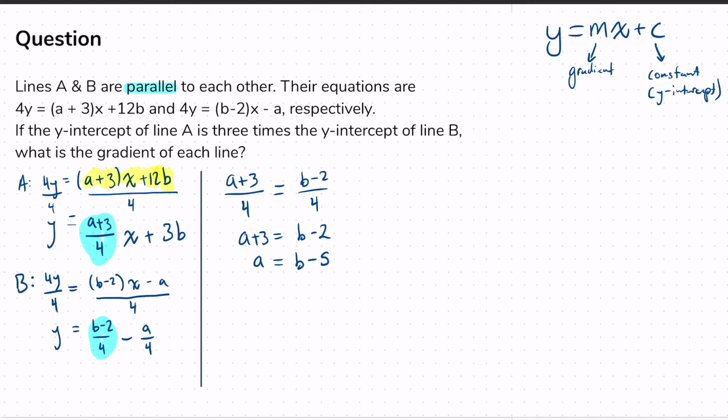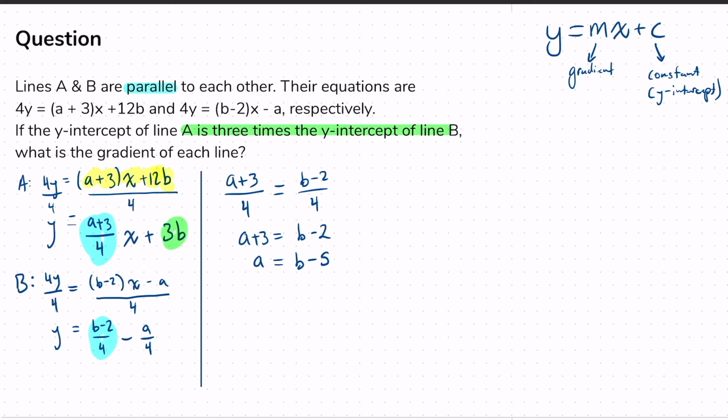Okay, helpful. But let's have a look at the second piece of information that's really helpful. The y-intercept of line A is 3 times the y-intercept of line B. Okay, well, what's the y-intercept?